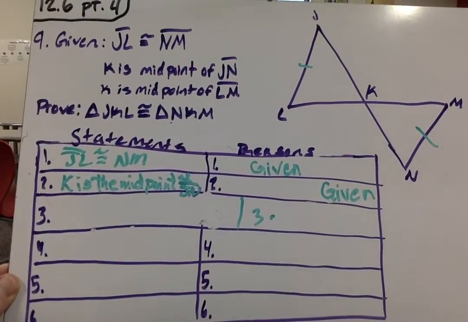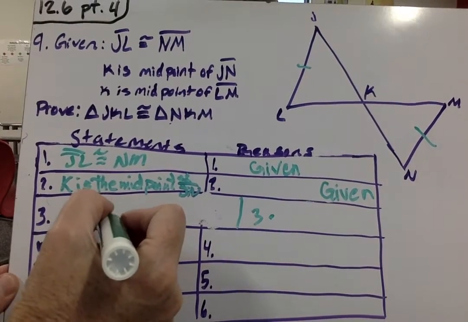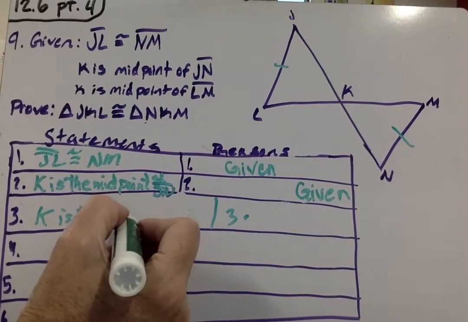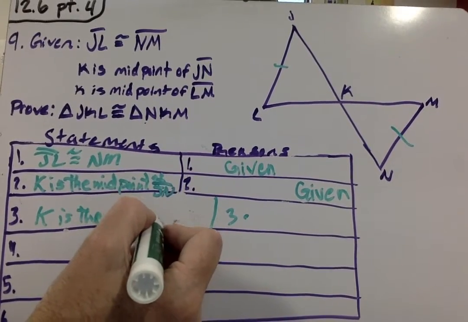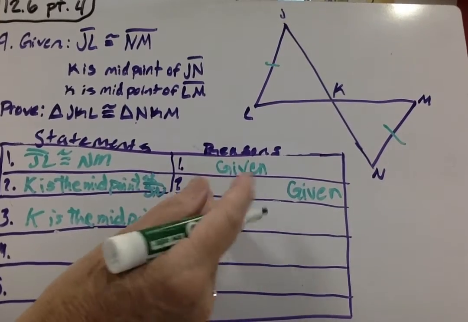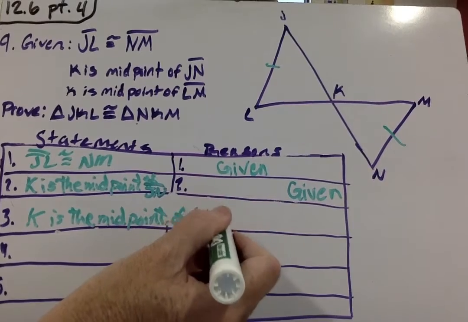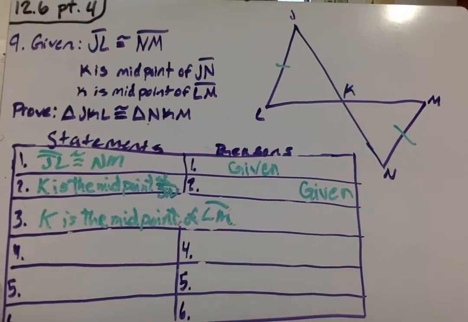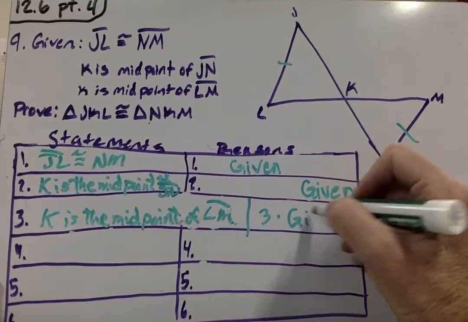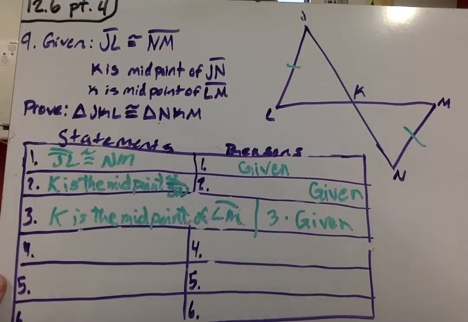For 3, I'm going to put K as the midpoint of LM. And that is also given. Now, I haven't written them on the triangle, so I need to do that part next.